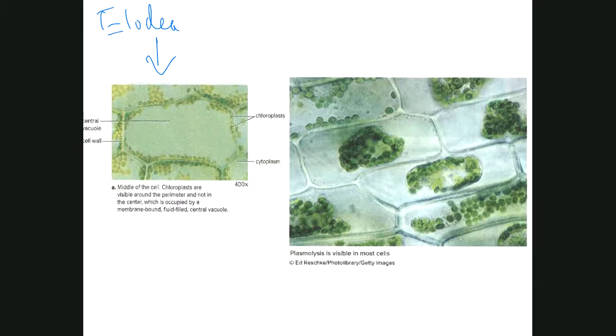You take a little sample of Elodea with some of the water that it was in, and the Elodea cell looks quite normal. And then when you're making a wet mount, you take a glass slide, you put your specimen in the center of the glass slide, and then you put another glass cover slip on top.